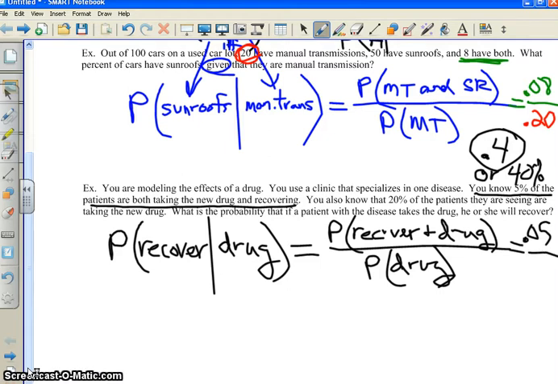And my denominator, the probability of somebody taking the drug, is right here. You also know that 20% of the patients the clinic's seeing are taking the new drug. It's 0.20. And then if you do 0.05 divided by 0.20, you will get 0.25 or 25%.